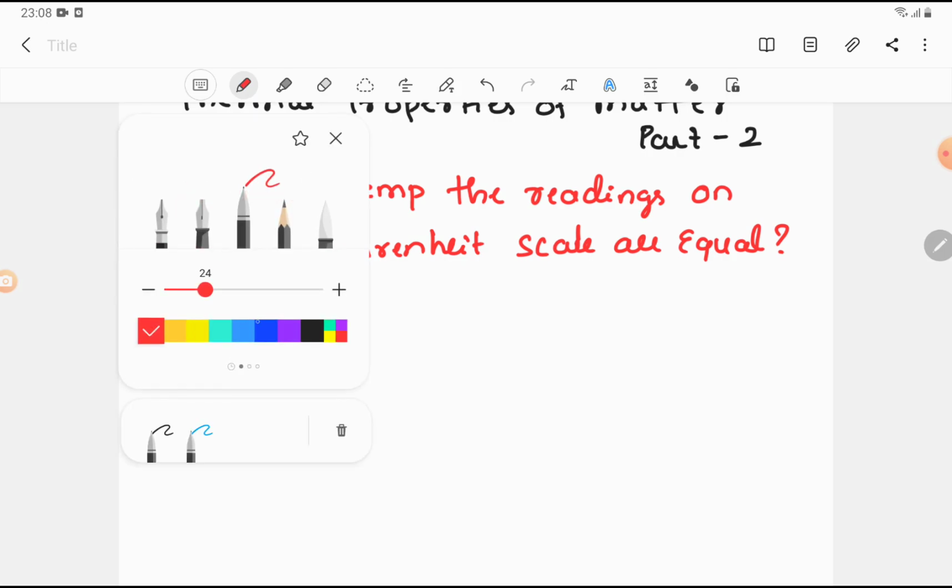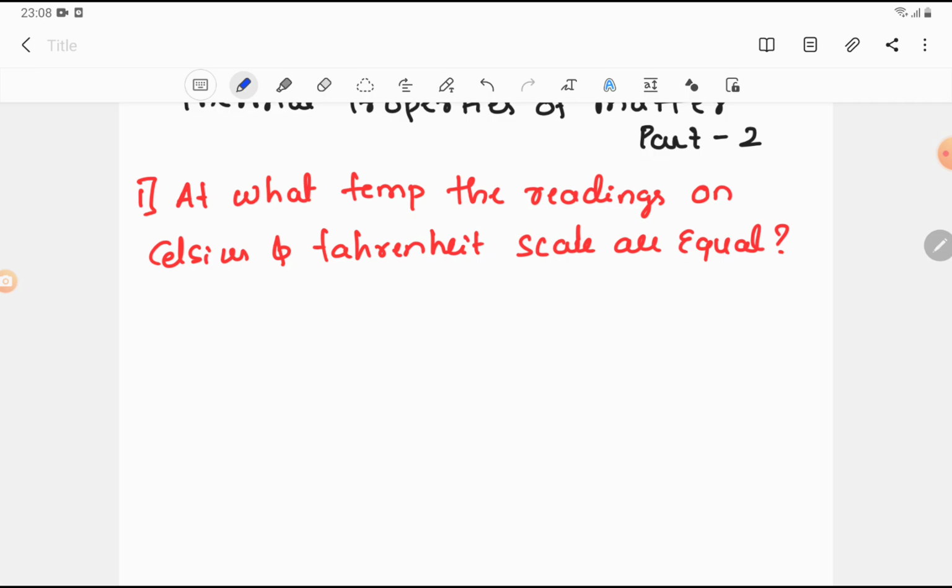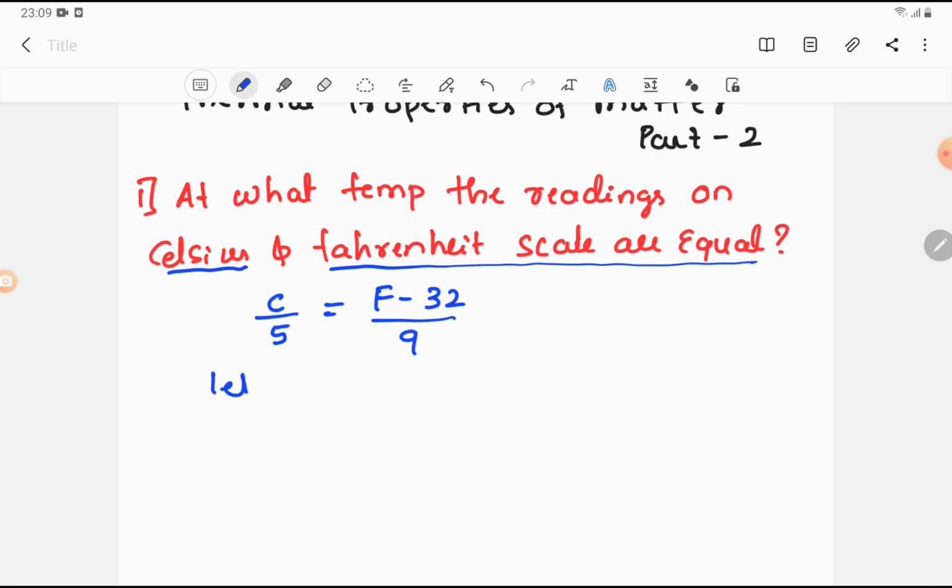So we know the solution because we have discussed the relationship between Celsius and Fahrenheit scale, that is C by 5 is equal to F minus 32 by 9. So here, as they have given Celsius and Fahrenheit scales are equal, so let C is equal to F is equal to x.